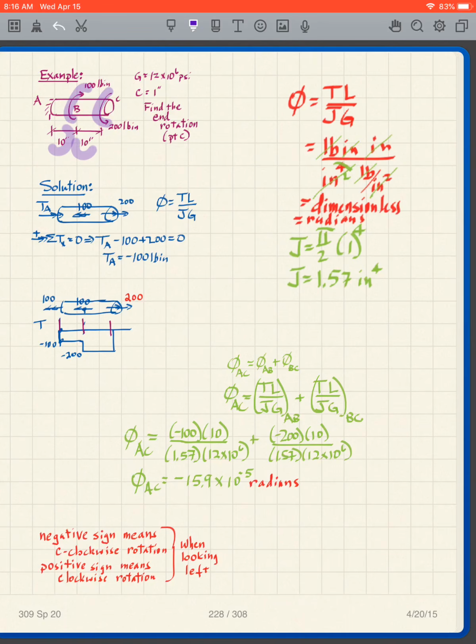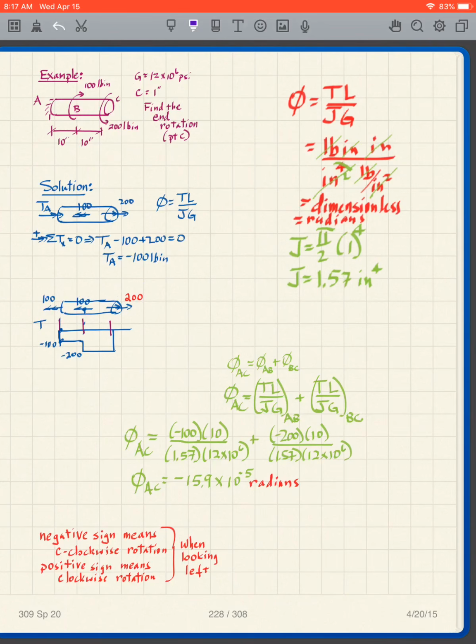This is 10 inches, 10 inches. Remember, we found the reaction by taking the sum of the torques in the x direction. We get our final free body diagram. We decided it was in equilibrium because I have 100 to the left plus 100 to the left means 200 to the left, 200 to the right.